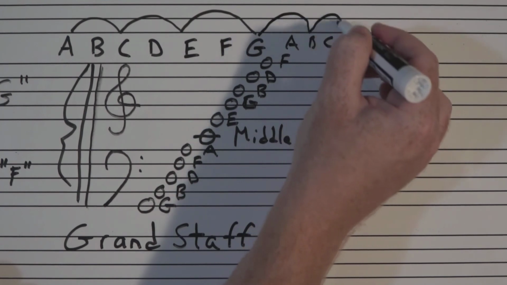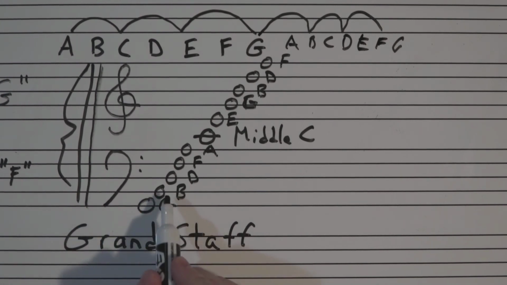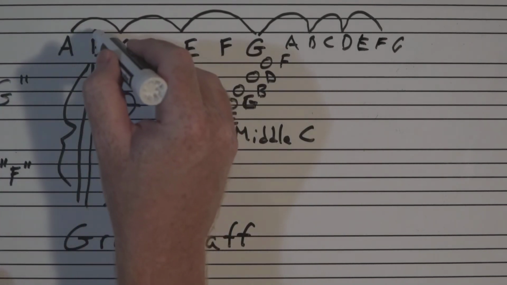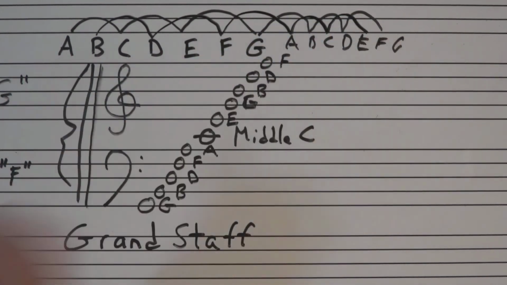G, B, D, F, and so on. Or even this B, knowing the thirds, it'd be B, D, F, A, C, E. Could be another quick way of remembering or identifying notes on your treble clef and bass clef.